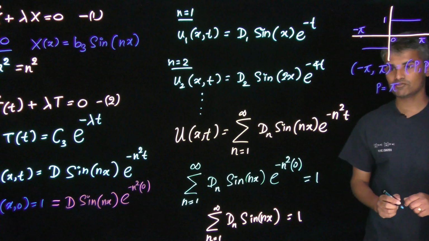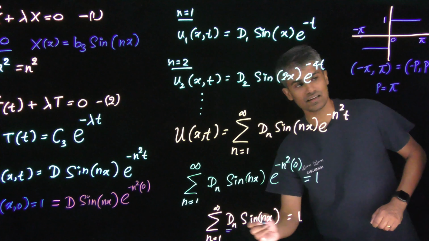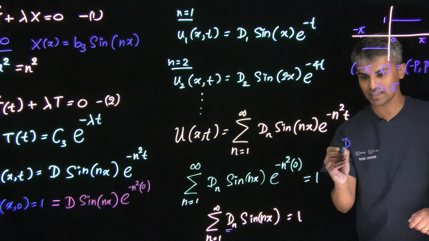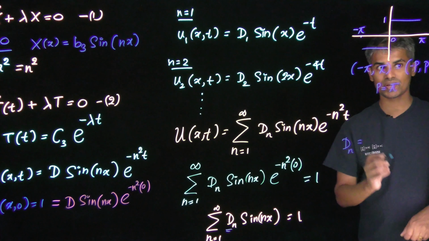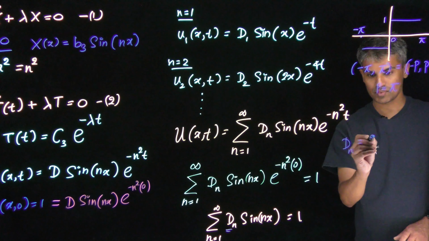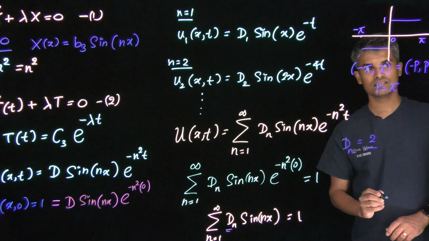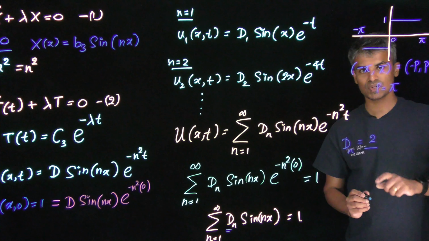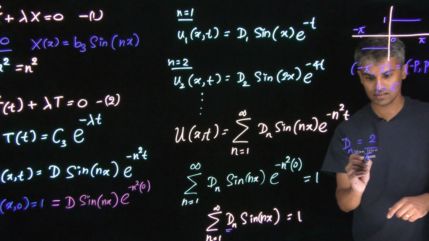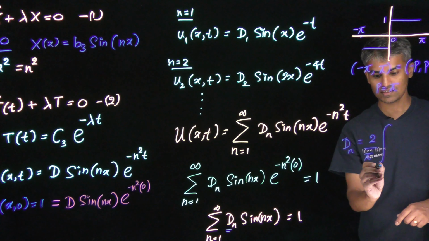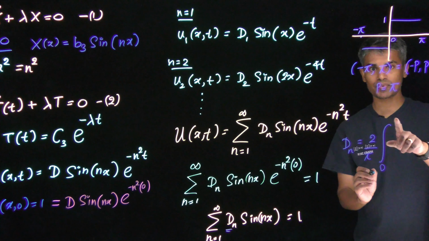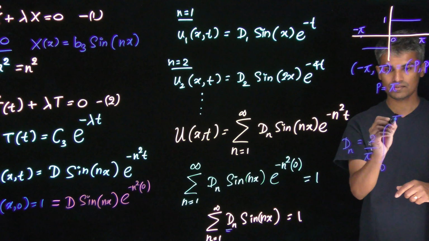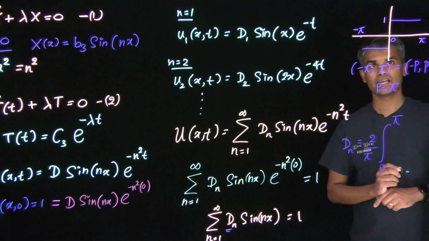Then these Fourier coefficients d sub n can be calculated using the following integral. So, basically we have 2 over the value of p, which is pi, times the integral goes from 0 to p, which is pi, and f of x.